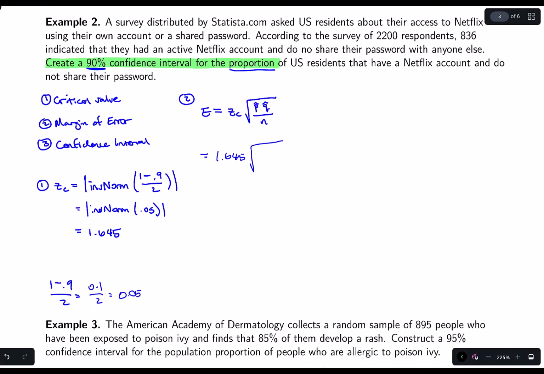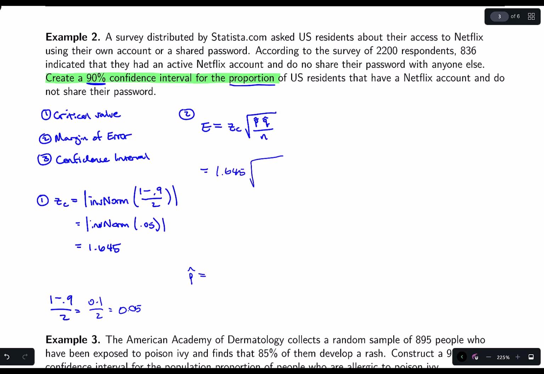Now p hat, this is the percent or the proportion out of the sample that favors our event. So we have 2,200 respondents in this survey, so that is n. And in the survey, 836 indicated that they don't share their password. So the number of people that favor our event is 836.